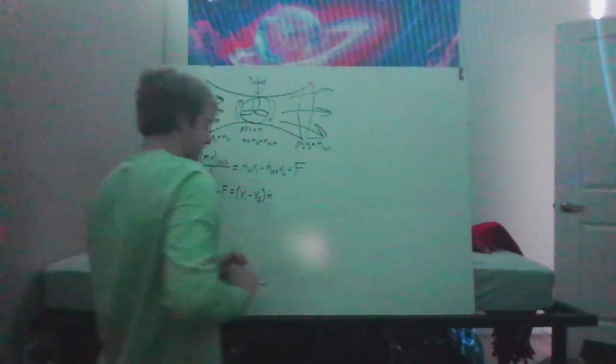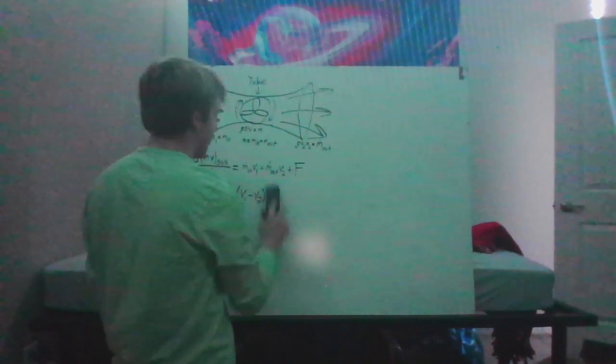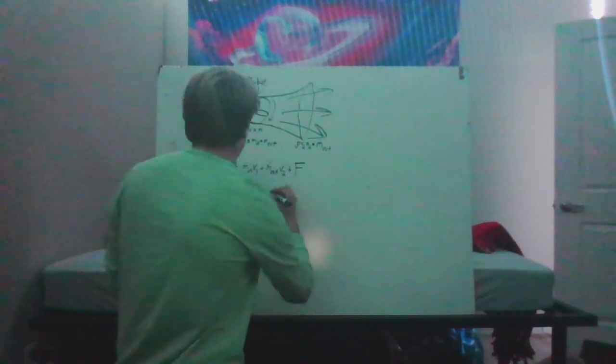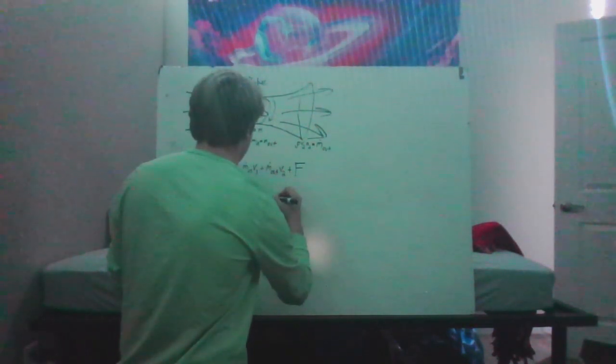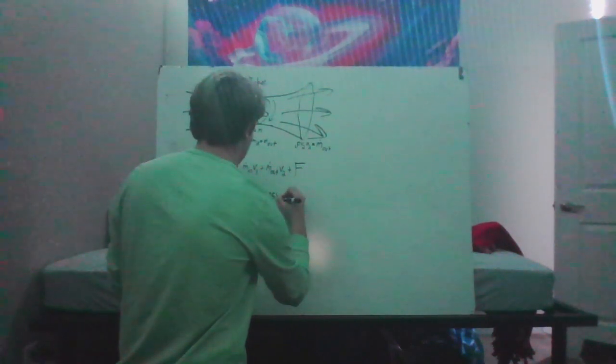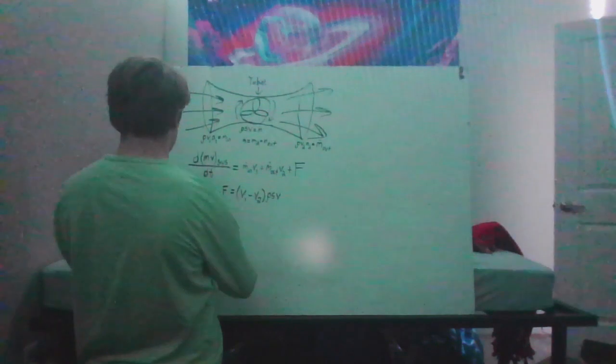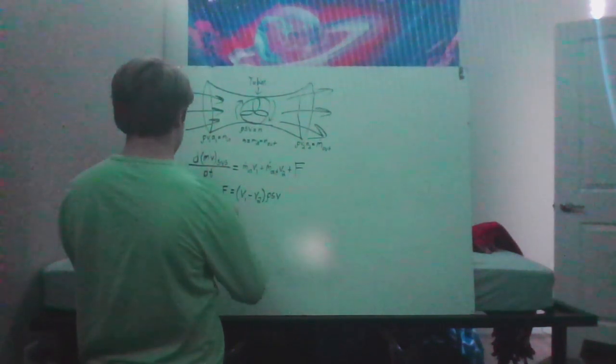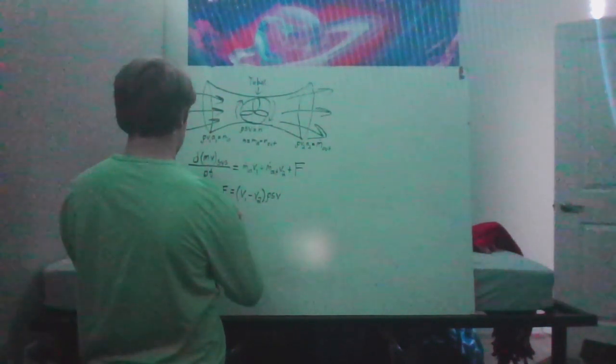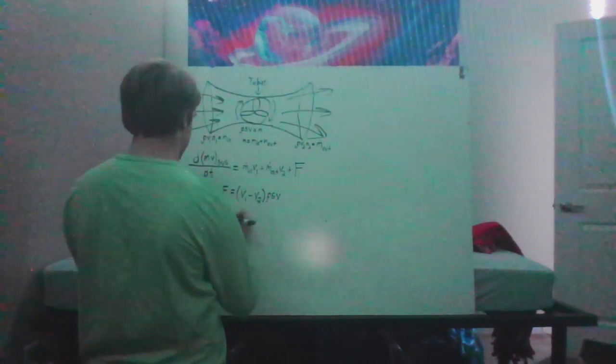But again, we already have our mass flow rate up here as rho S V, so we can substitute that in here as well as rho S V. So now we can perform a kinetic energy balance, and we're going to start that off by saying that power is equal to the change in kinetic energy over mass times our mass flow rate.